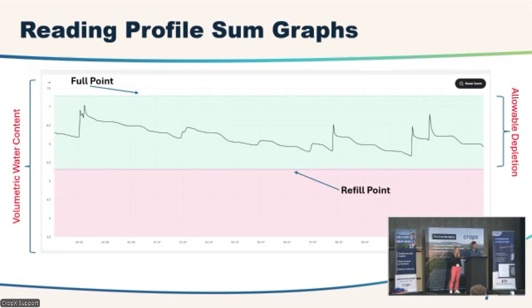Question here is, what is the resolution of volumetric water content as measured by a CropX sensor? If you look at your individual sensor graph and you hover and drag your mouse over that graph, it's going to show you in the tenths of percentage points.